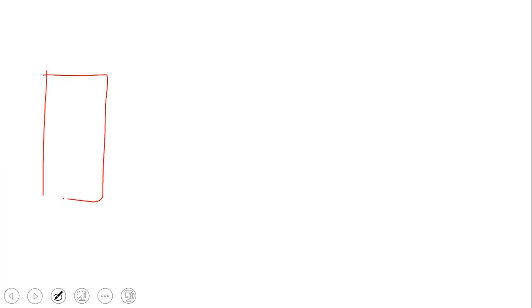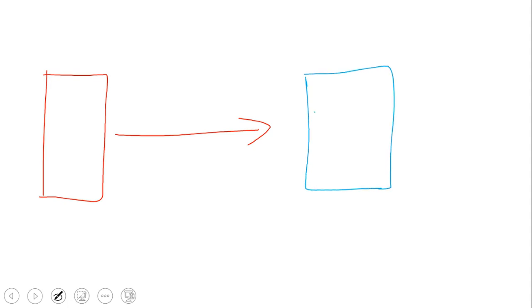Let's start simple with something like this. This is a rectangle, right? Let's say we take this rectangle and we move it such that it ends up here. This is a translation.